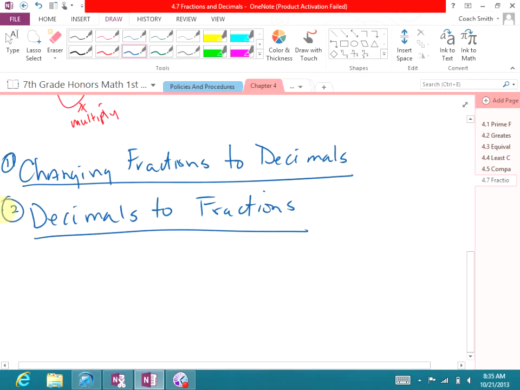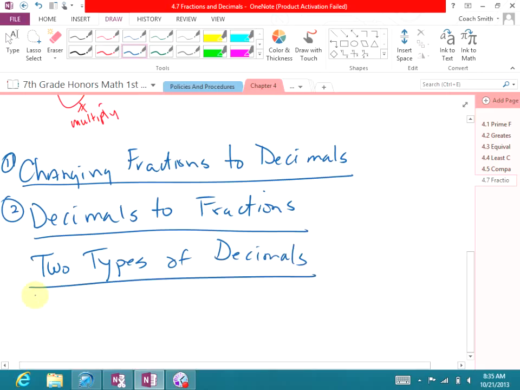Now, there are two types of decimals that we're going to discuss today. One is terminating, and the second is repeating. Okay. Terminating and repeating decimals. Let me give you an example of both.